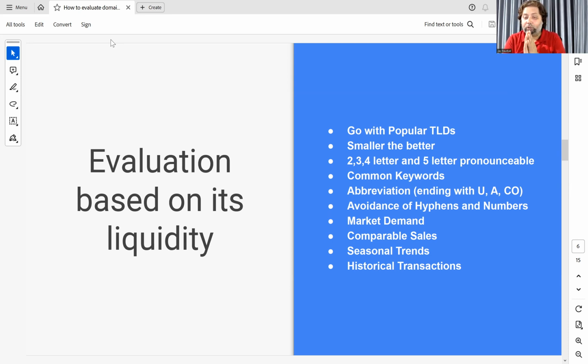And market data should be there. Comparable sales, you should know the comparable sales from the tools. And for the comparable sales, you can use the GoDaddy appraisal tool. Okay, and you should also follow seasonal trends like crypto. Crypto is in trend these days, but not COVID. COVID has gone. Crypto is still in trend from the last, I think, 5 to 7 years.